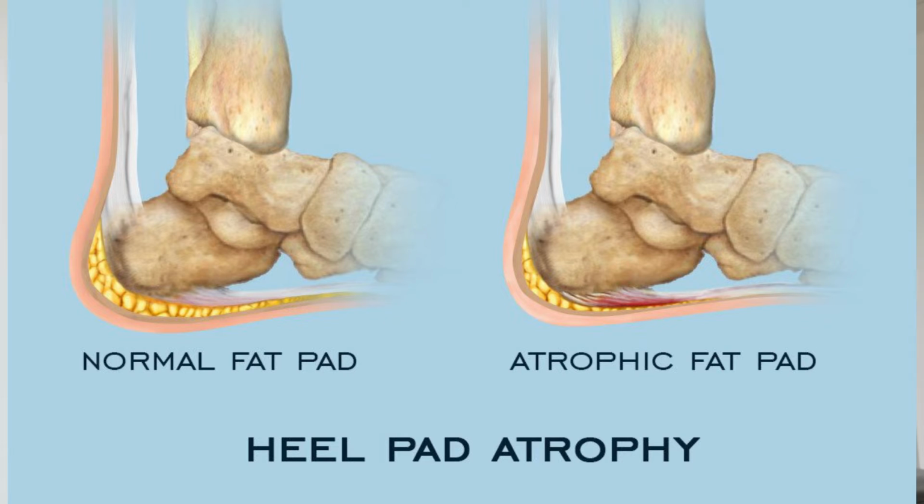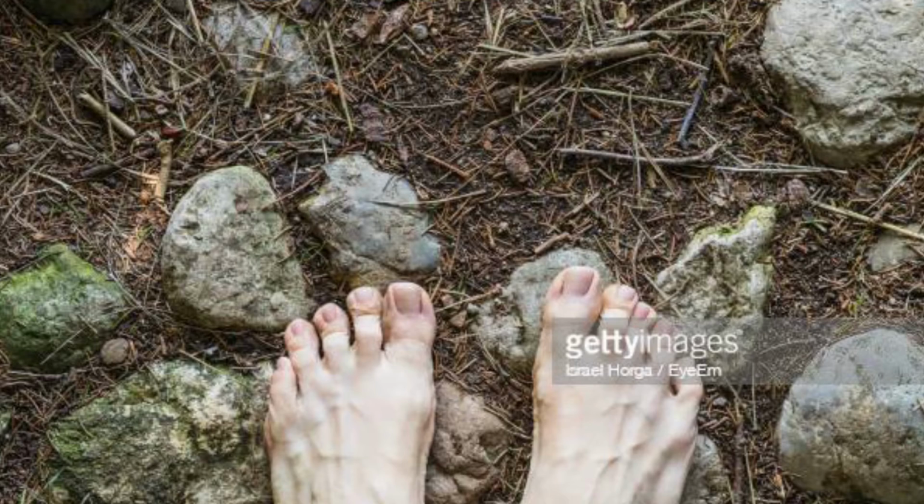If you have an irritation or degeneration or atrophy of that fat pad, when you bear weight on your foot, you will feel as if the bones of your foot are touching the ground. That's one of the classical symptoms or signs of fat pad atrophy.